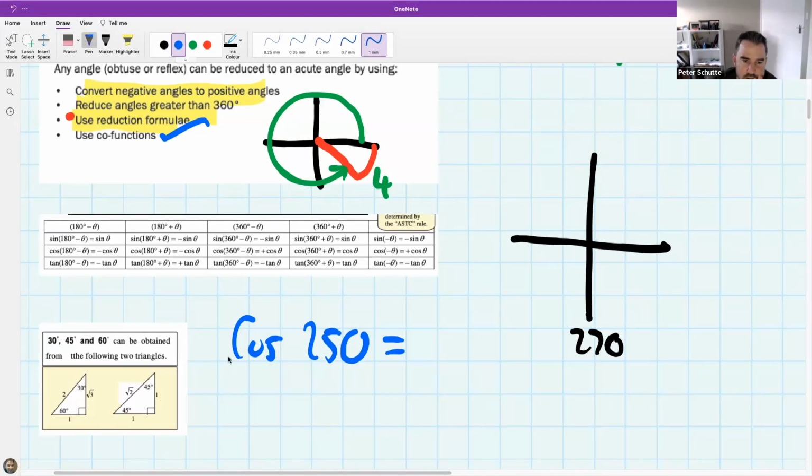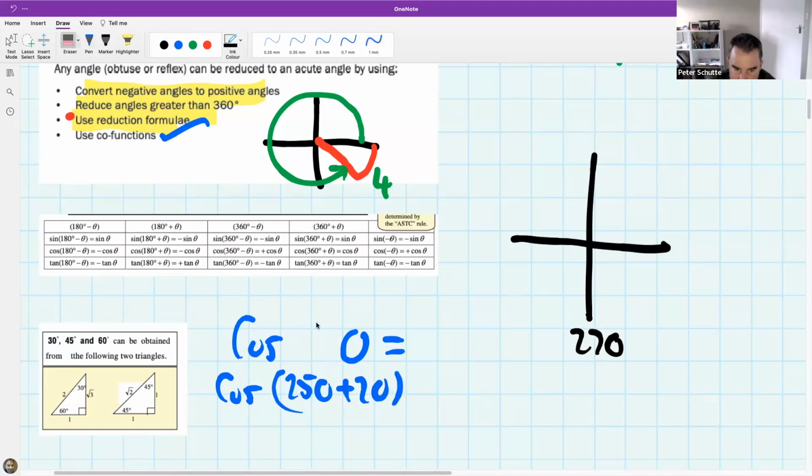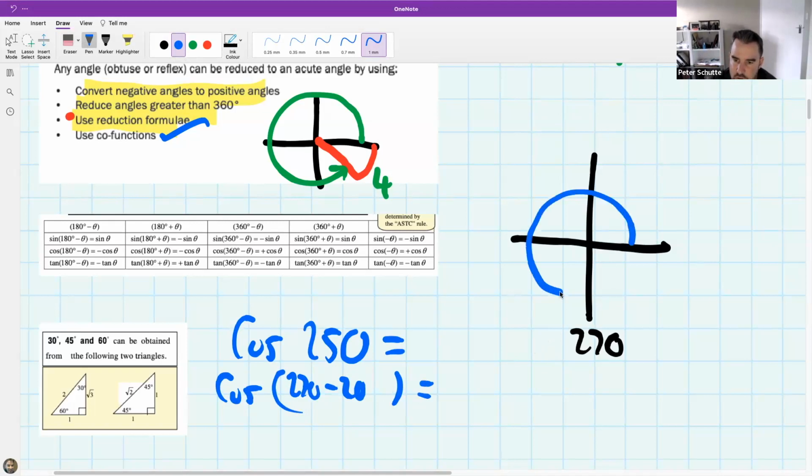So I'm going to rewrite it as the cos of 270 minus 20. Now, is cos positive or negative in this quadrant?